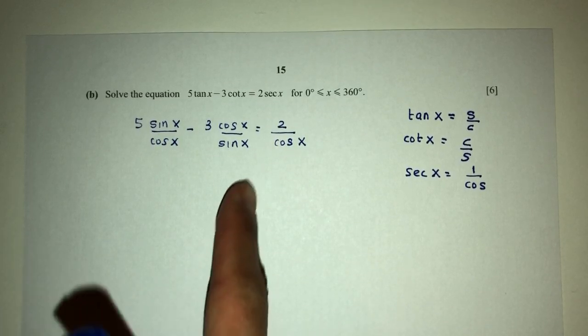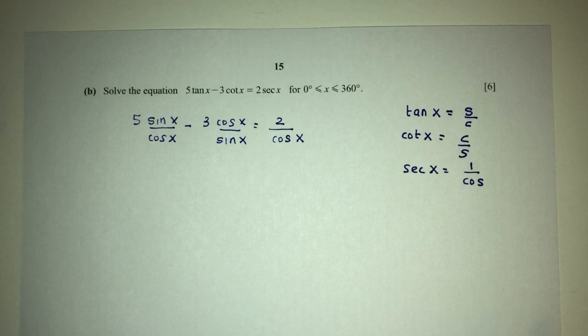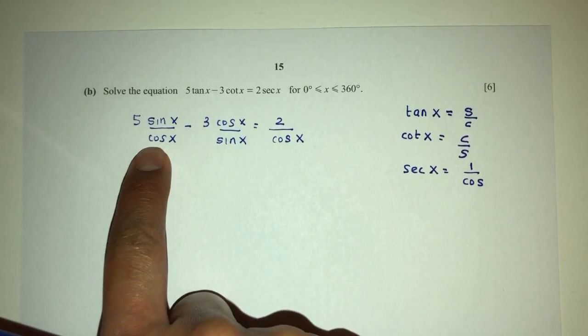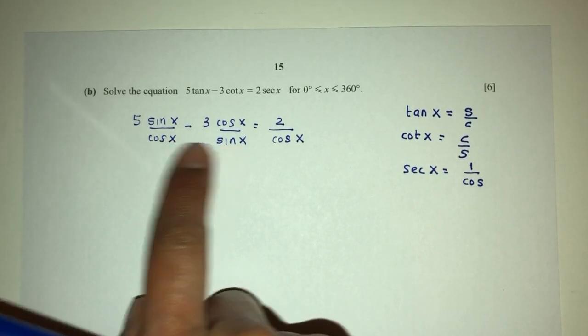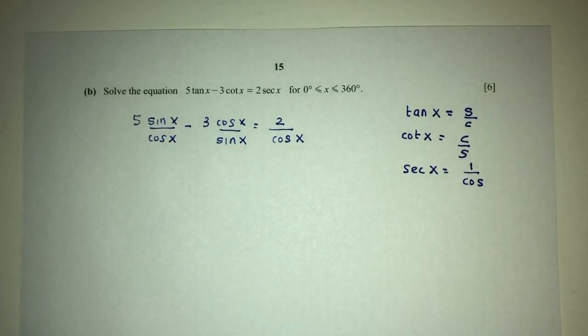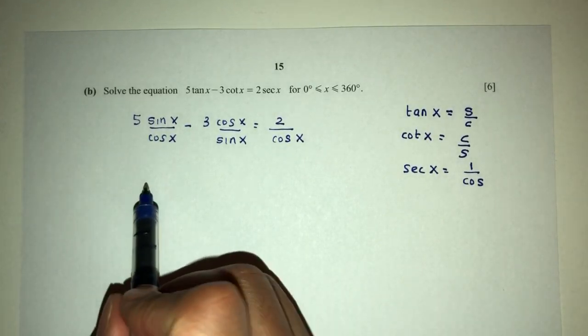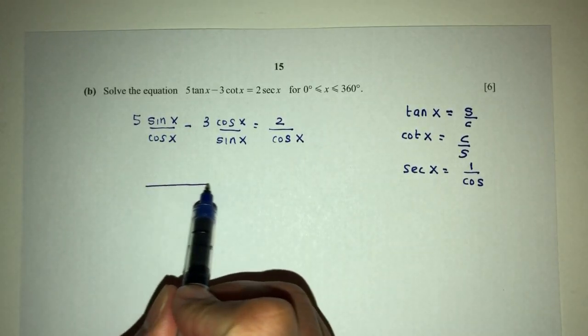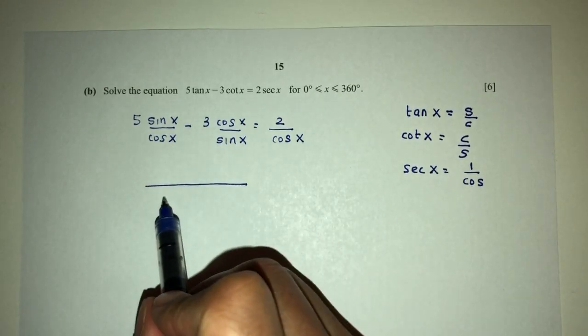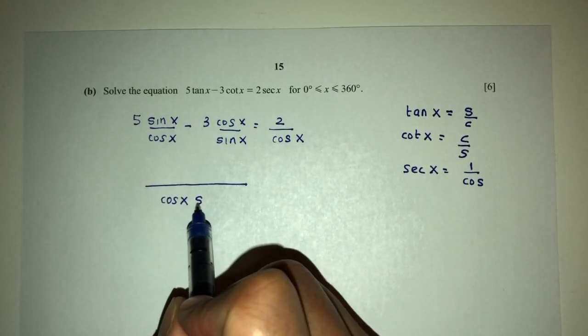So let's first simplify the left hand side. This kind of question, we have done many times already. Whenever you have a difference of fractions with different bases, we have to combine them together. We can make them the same base. So multiply the bases by each other, you will have cos x sin x.